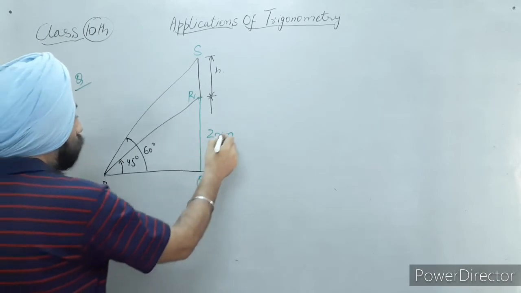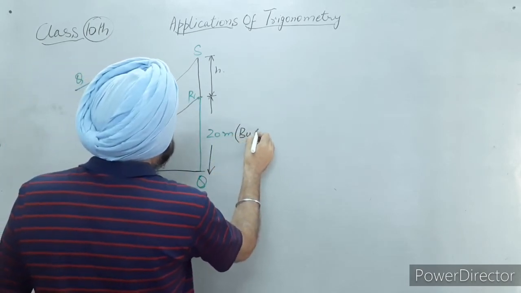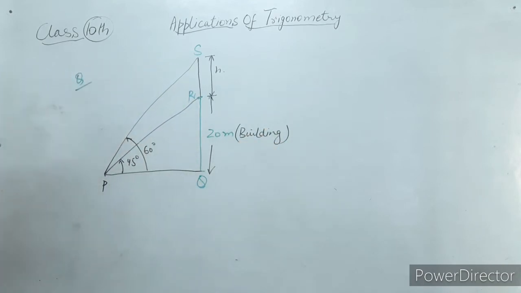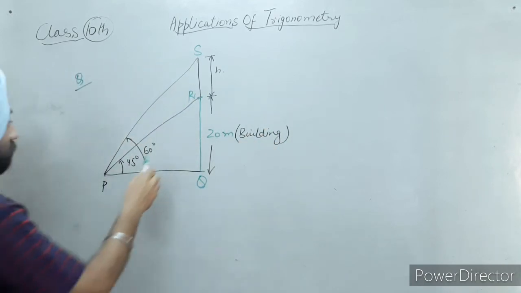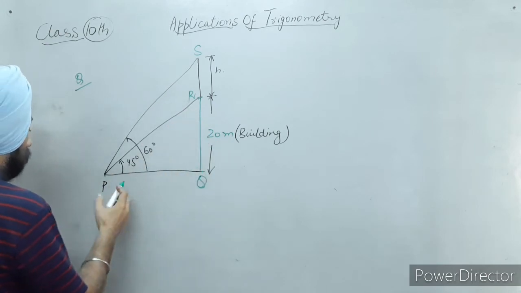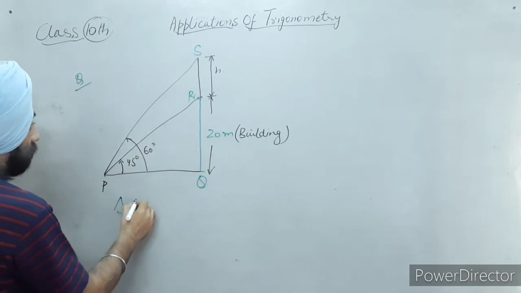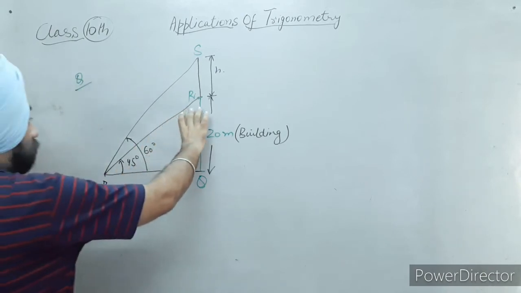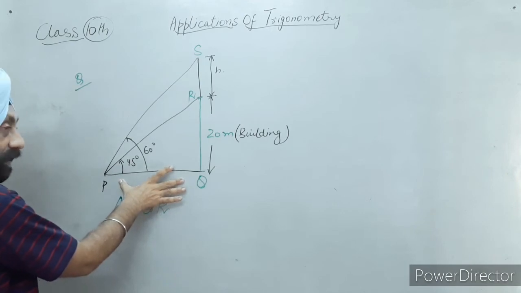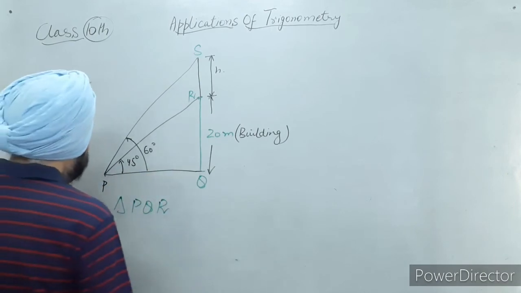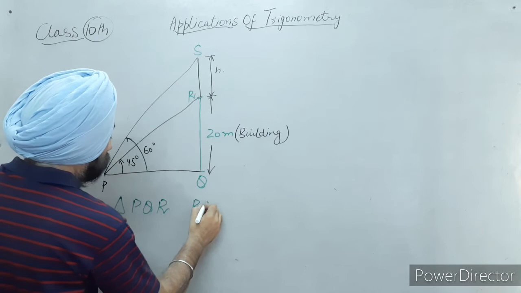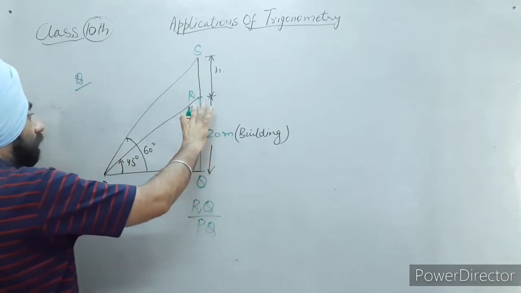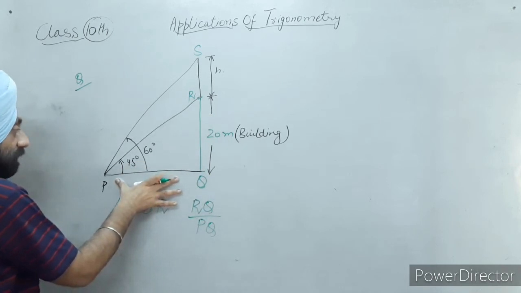Now, this is a 20 meter high building. Just take the right angle triangle, say PQR. Now, I have this 20 meters. I can find the base. It's RQ upon PQ. This is the perpendicular. This is the base.